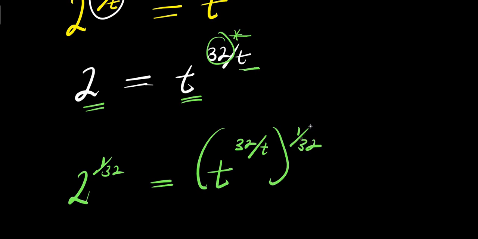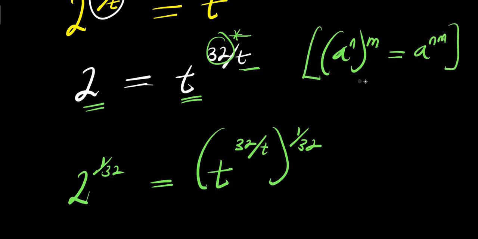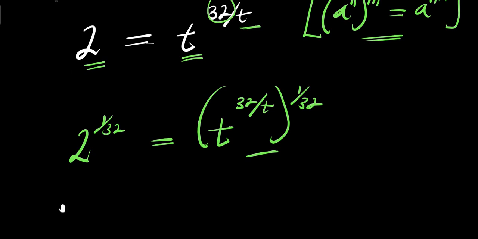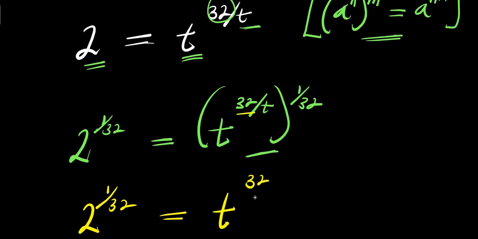So what we are going to do again is to apply this identity. If you have a power n raised to the power of m, this equals a power n times m. So applying this right here, we have 2 power 1 over 32, and this equals t power 32 times 1, that is 32 divided by t times 32, that is 32t.